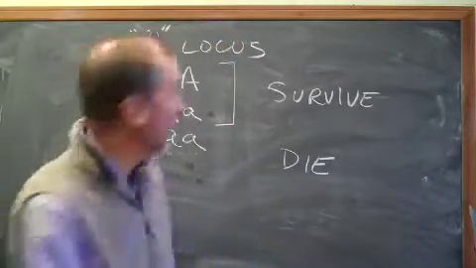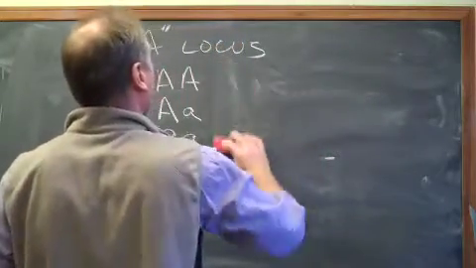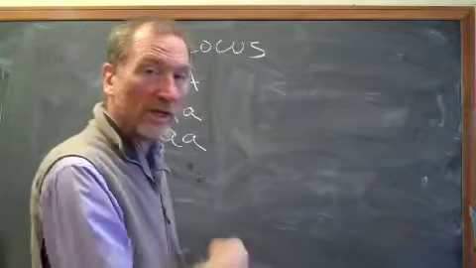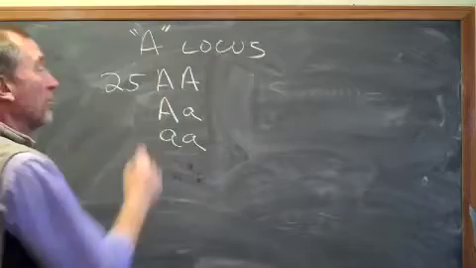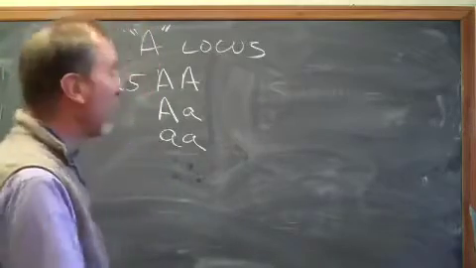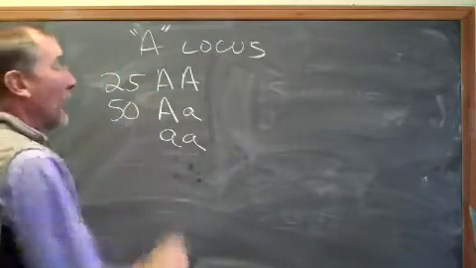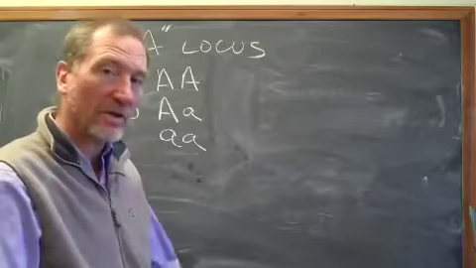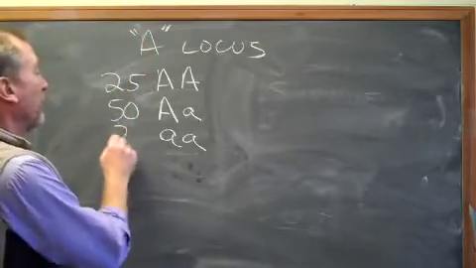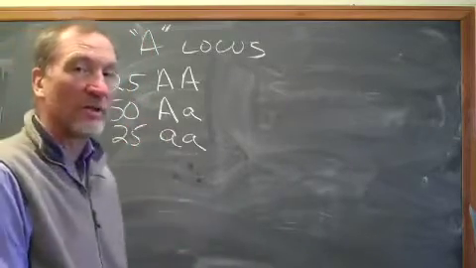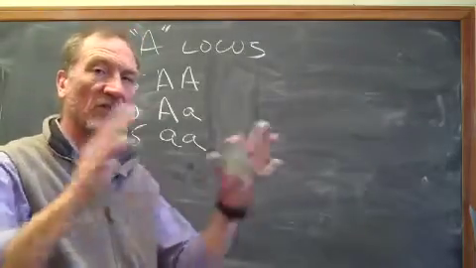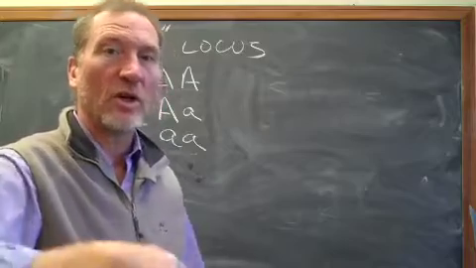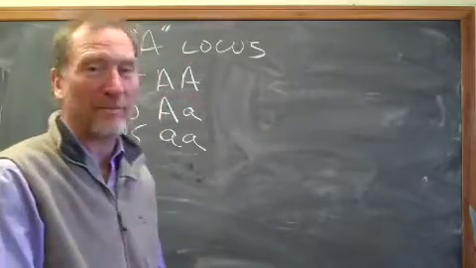And so let's say that for these genotypes, and remember there are 100 plants, 25 of them turn out to be big A, big A, 50 of them are big A, little a, and because there are 100 plants, we figure we can know that there are going to be 25 that are little a, little a. So this is the way the population is structured before climate change happens overnight.